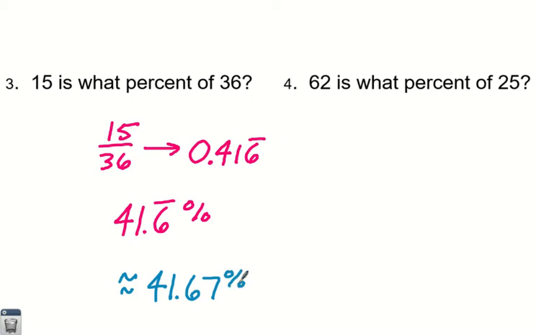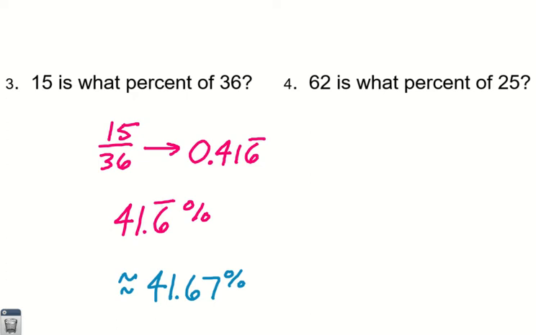I would go at least 2 decimal points. I usually go 3 decimal places when I round off. So I guess it'd be better if I would say 41.667%. But this is right here. That's exact, and so I guess I like that even better.